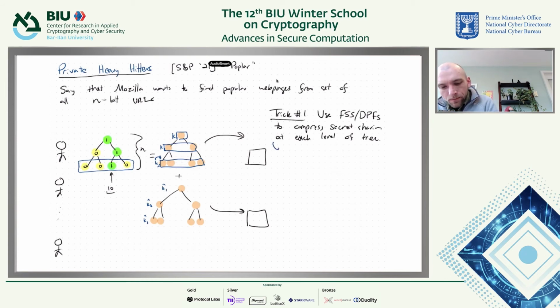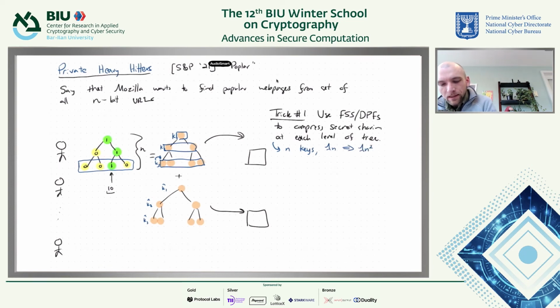And it turns out, if we just did it naively with distributed point functions, you'd have n keys, 1 per layer, and each key has size lambda n. So this would be lambda n squared communication.